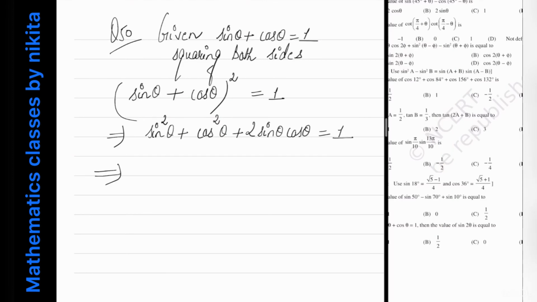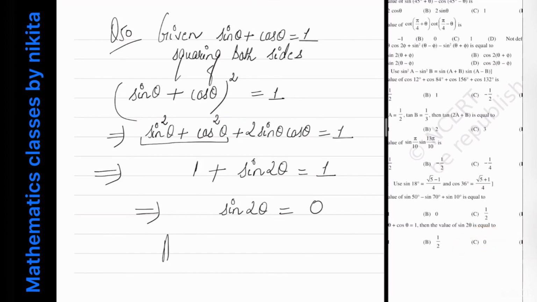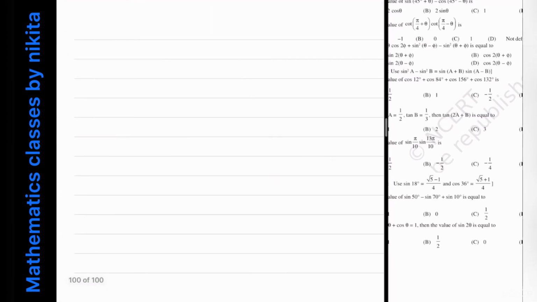And this implies what? Now sine square theta plus cos square theta is 1, plus 2 sine theta cos theta is sine 2 theta, is equal to 1. And this implies what? That sine of 2 theta is equal to 0. So therefore the correct option is C. Okay, so the answer for this question is C part. I hope everything is clear to you. Now let's see the next question.